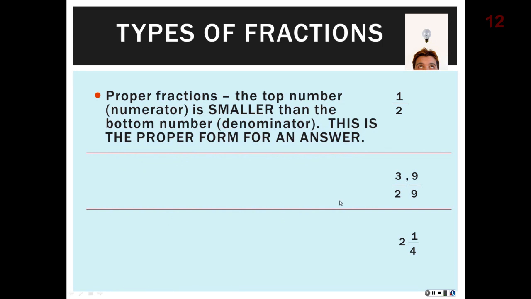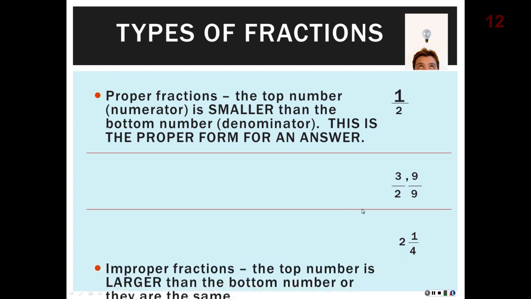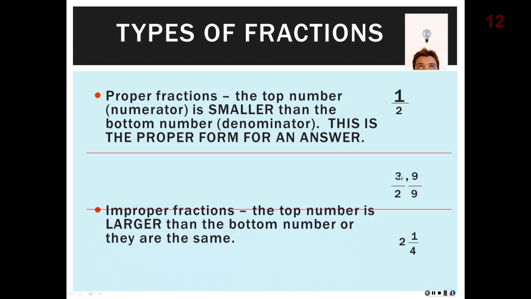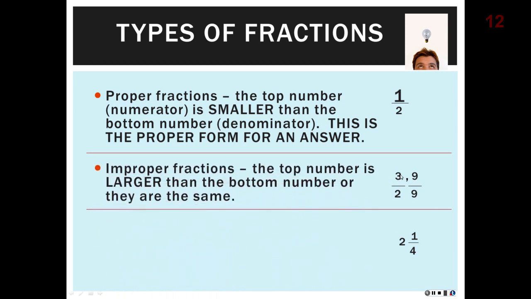An improper fraction, there's 2 different types of improper fractions. There's one where the numerator is larger than the denominator, or when both the numerator and the denominator are the same number. So why would this 9/9 be improper? Because it equals 1.